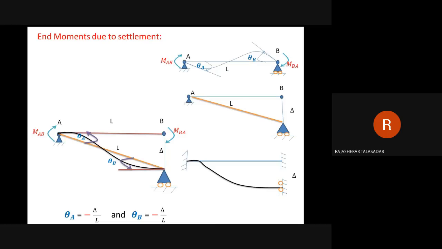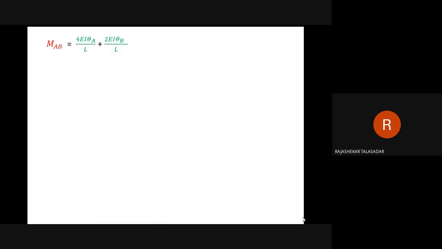Now we want to calculate MAB and MBA at both the ends. We have already derived the expression for MAB. What is that? 4 EI by L into theta A plus 2 EI by L into theta B. Let us substitute the values of theta A and theta B here. What is theta A and theta B? Theta A is minus delta by L, right?